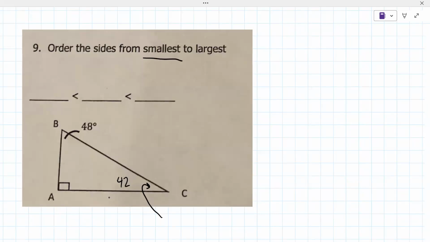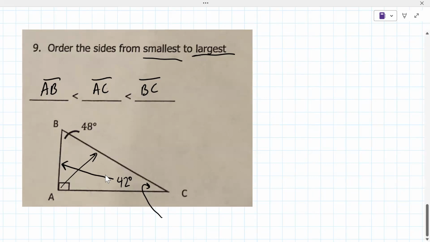Which is the smallest angle? 42. So the smallest side is the one across from it, AB. The largest angle, or largest side, is across from the largest angle. That's B to C. So the one that has not been done is A to C. Right. And this is called the hinge theorem.